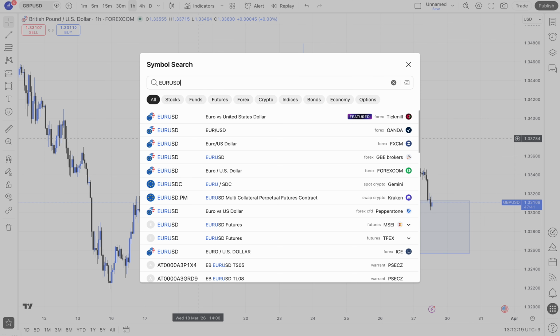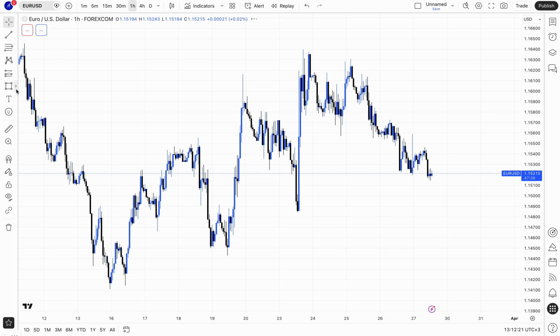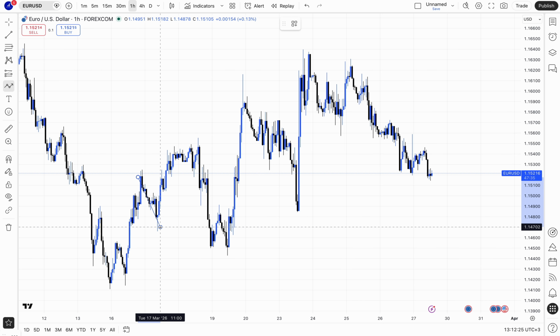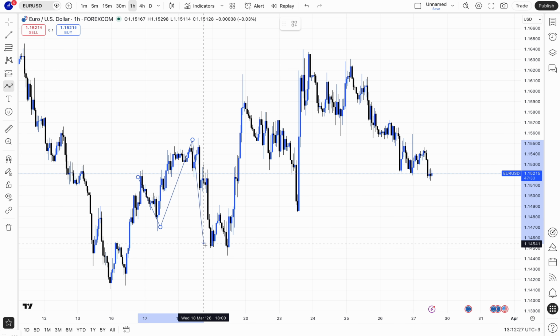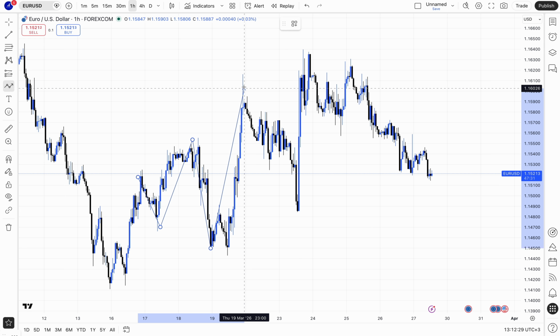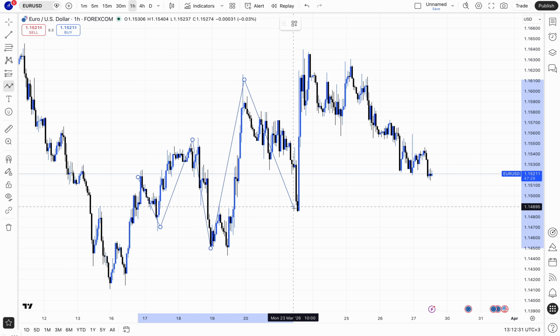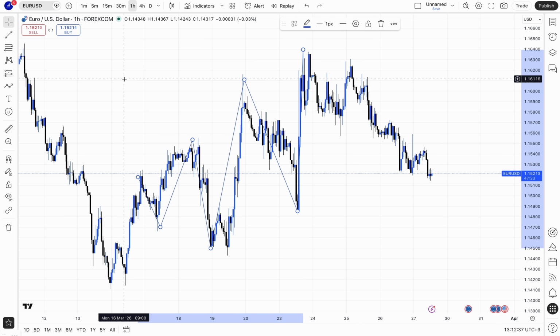For EUR/USD, same thing. Simple price action. You can see we had a break of structure to the upside. Then you had a change of character to the upside, external structure. Then you had a break of structure to the upside, then a retest, then a break of structure to the upside continuation.